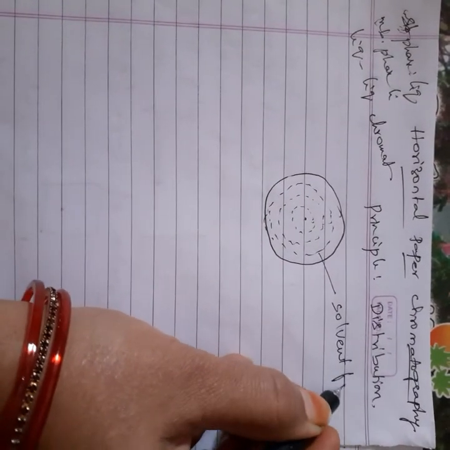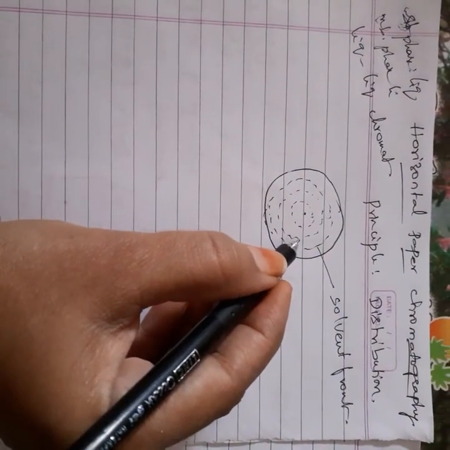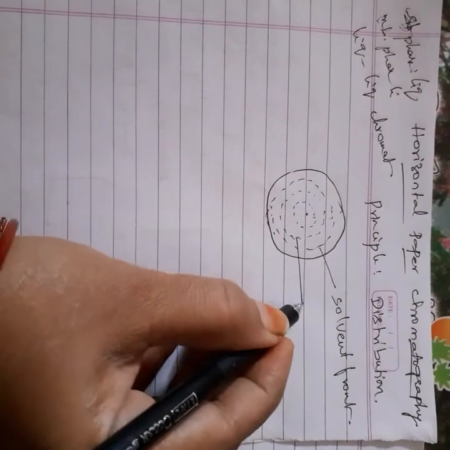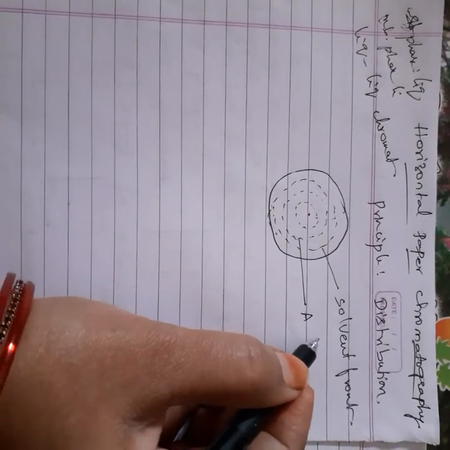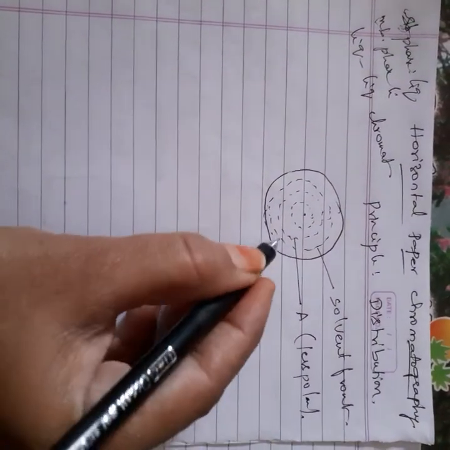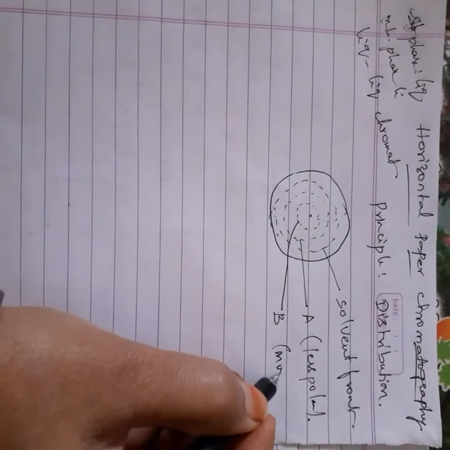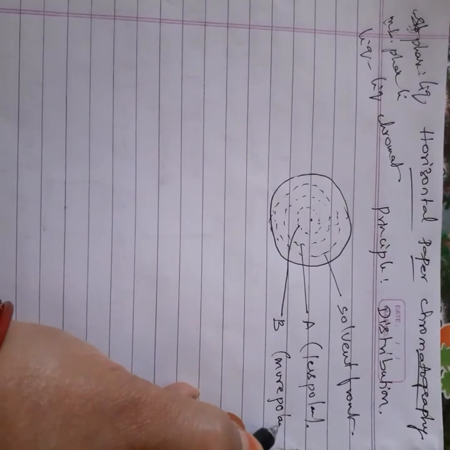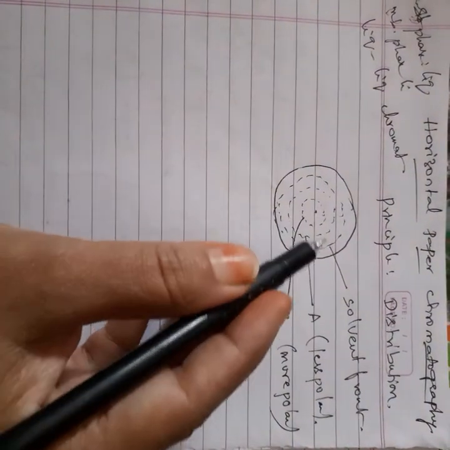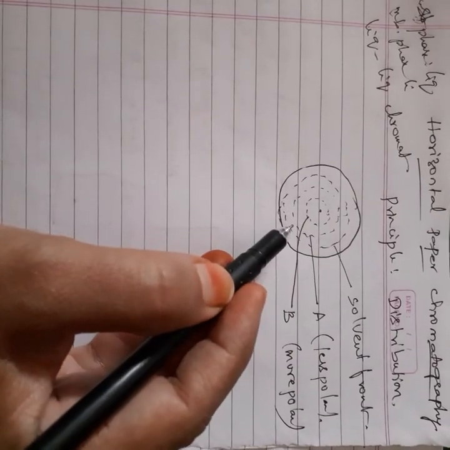Solvent front. Let us suppose B is more polar, A is less polar. Obviously this is the less polar compound, and the one very close to this is called the more polar compound. If these are colored compounds, then automatically these circles will appear as colors.